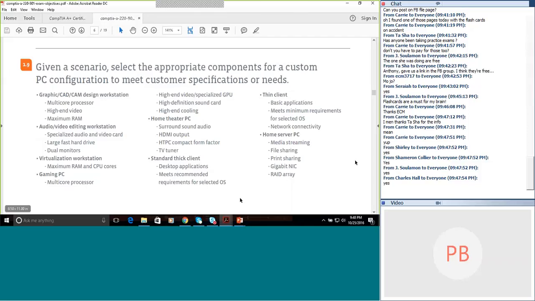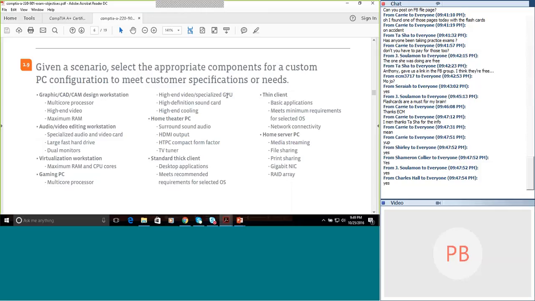And the only way you know that is if you familiarize yourself with this objective, which says graphics, right? Graphic heavy needs a multi-core processor, high-end video, maximum RAM. Virtualization needs maximum RAM and CPU cores. Gaming needs multi-core processor, high-end cooling, high-def sound card, and high-end GPU.